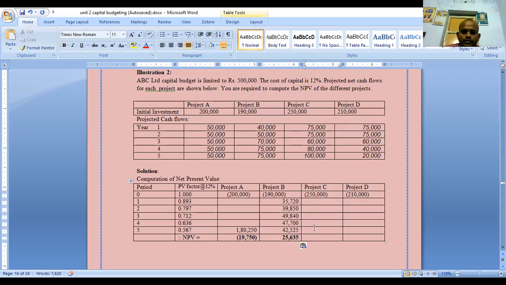Actually, I calculated all these things. For project C, it has positive NPV, that is 27,050 rupees, and for project D, it has negative NPV because outflows are more than the inflows.